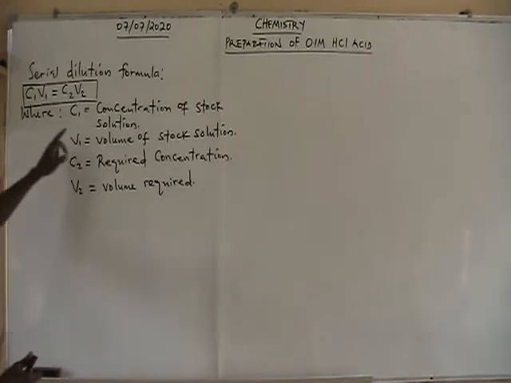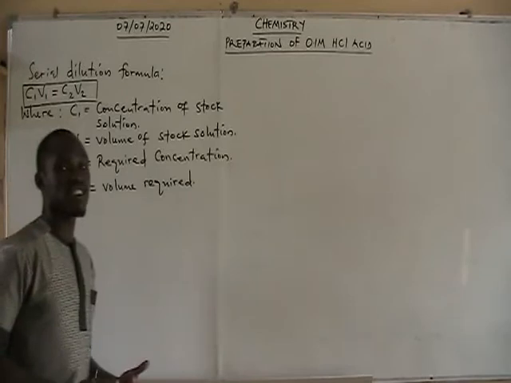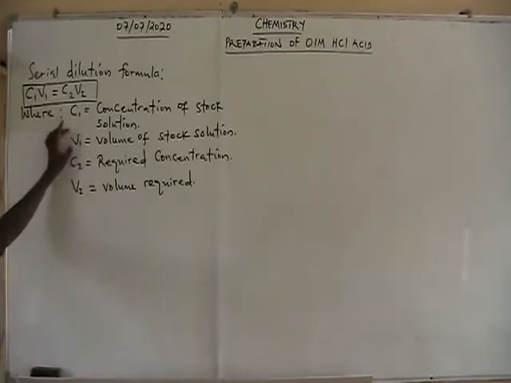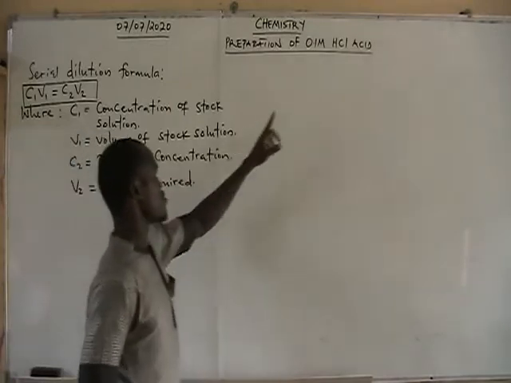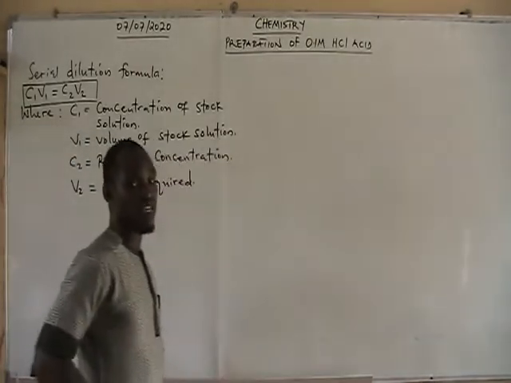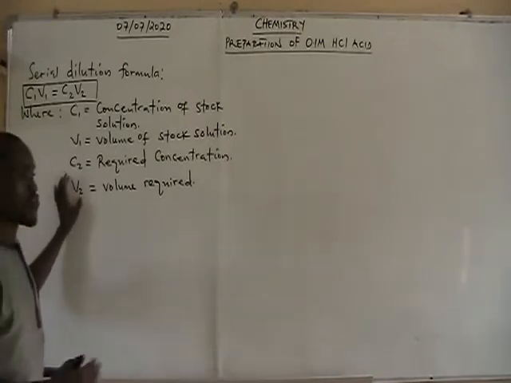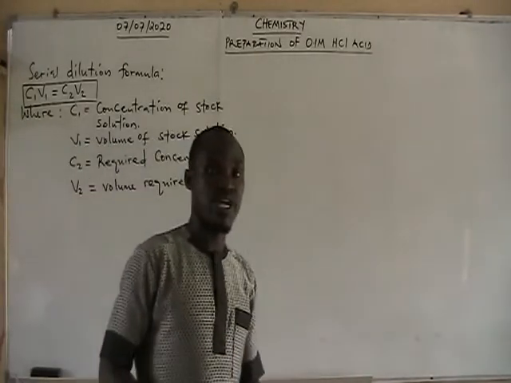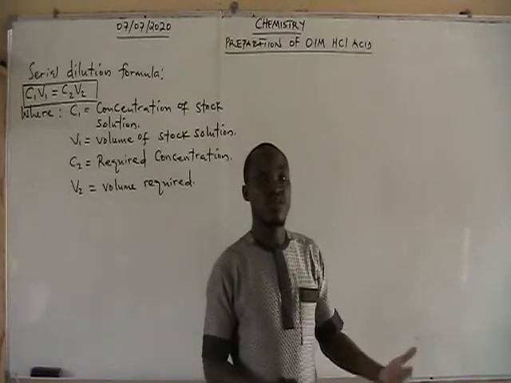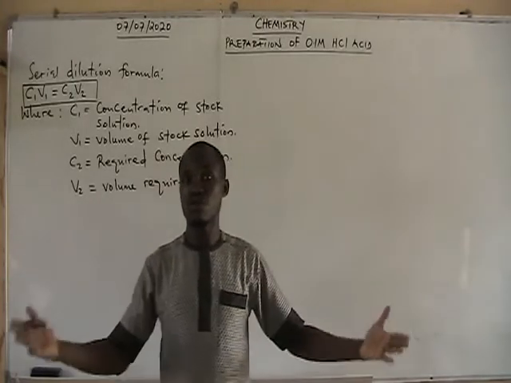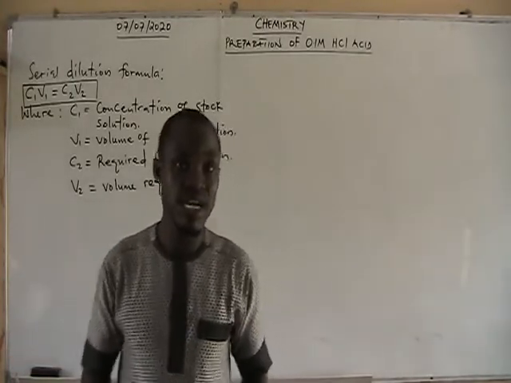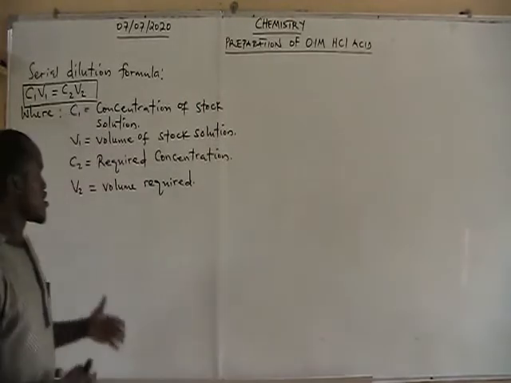So C1 must be calculated, V1 also must be calculated. We already know what our C2 is, which is the 0.1 molar or mole per dm cube of the acid solution that we want to prepare. Now V2 is the volume required. It can be 1,000, 250, 500 or 2,000 cm3, depending on the capacity of the volumetric flask you want to use.